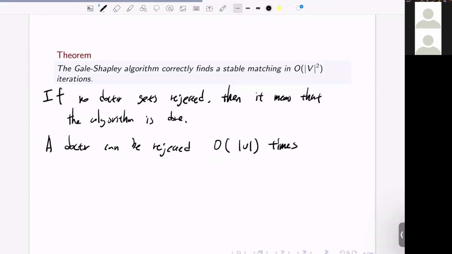And there are order of V doctors. So the total number of rejections is order of V squared. And until the algorithm stops, at least one rejection comes up, so the total number of iterations is order of V squared.